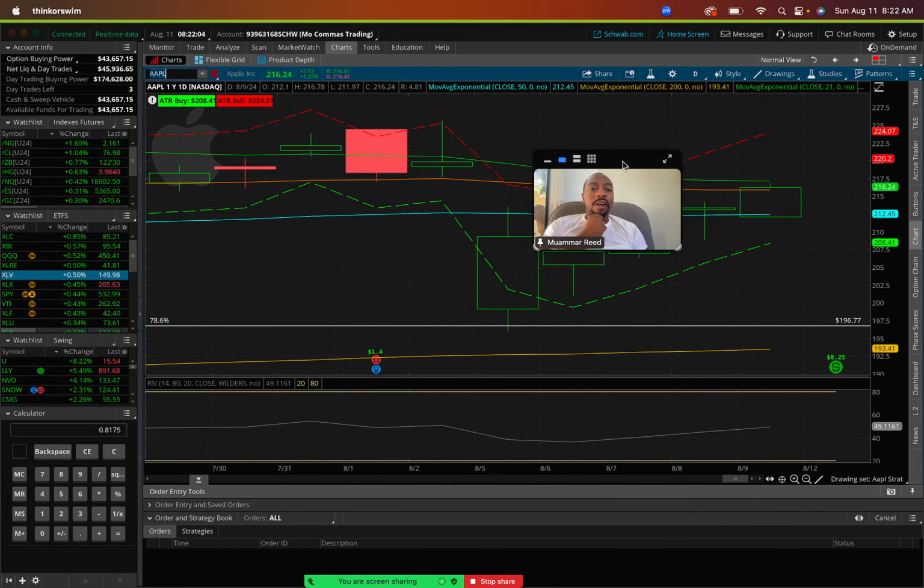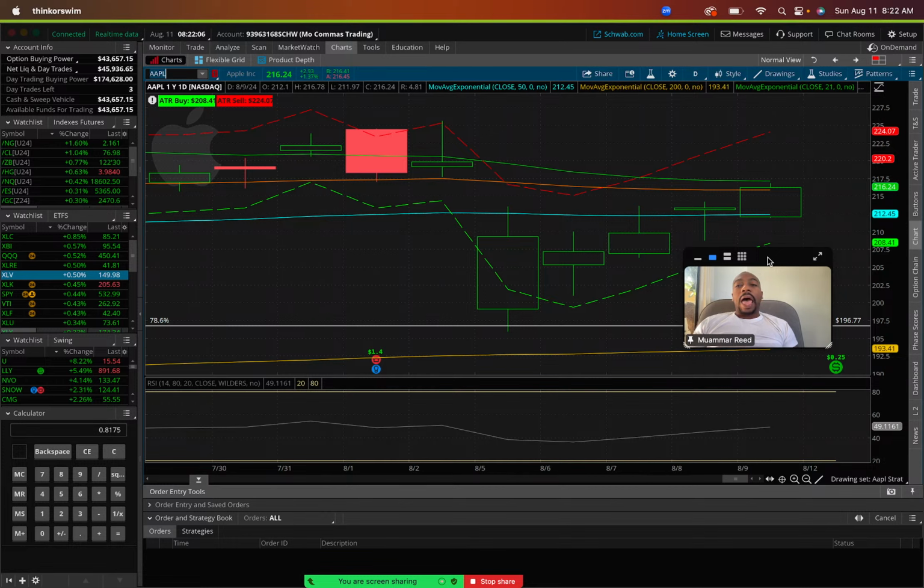So now, when we're talking about how I determine what's going to be on my watch list, from a long term standpoint, that question is going to be different versus day trading. From a day trading perspective, I'm looking at what's trending and what has momentum for the day, either to the upside or to the downside.